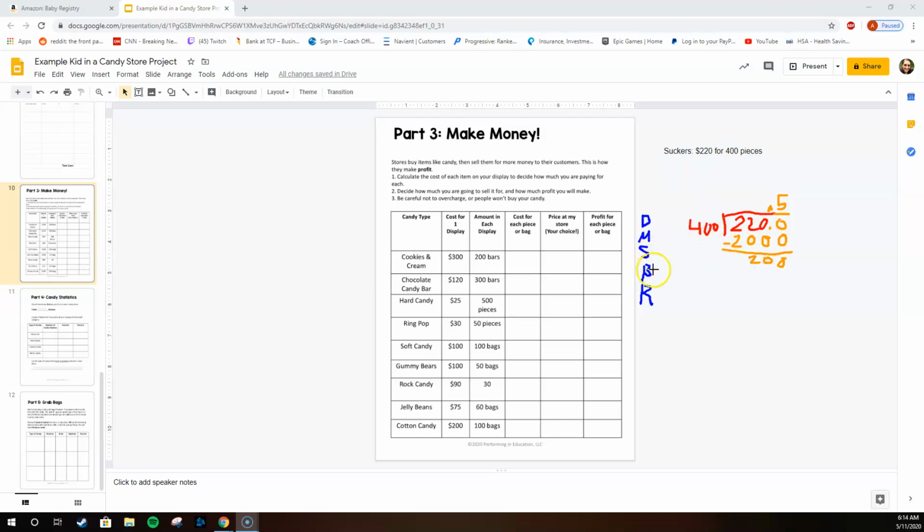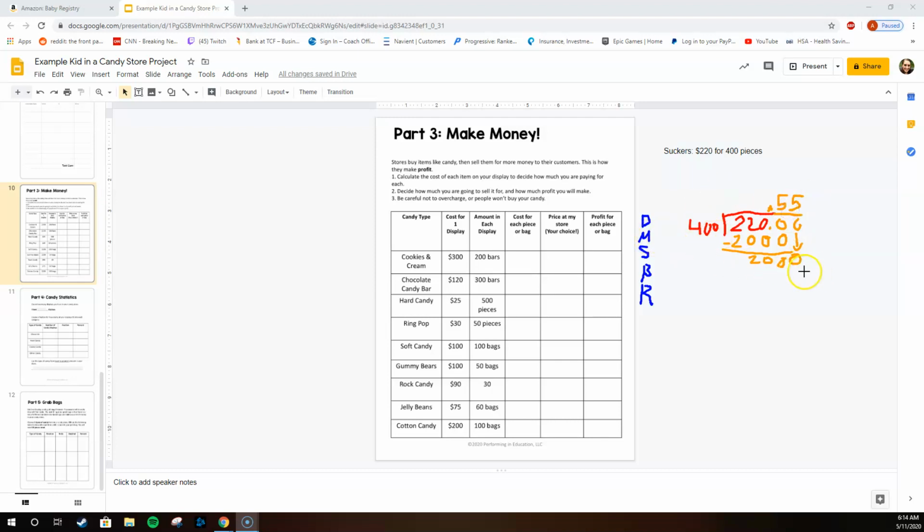And now we have a remainder, so we have to annex another 0 and bring it down. So now we have to divide again. We're back to the top. So if we cross out our zeros, how many times does 4 go into 20? So it would go in there 5 times.